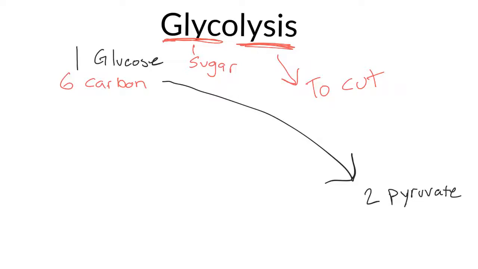That's pretty good. And we're releasing those bonds. They release energy. And we're making 2 pyruvates, which have how many carbons? 3. Okay, good. So is this reaction exergonic or endergonic? Exergonic. Yeah, we're giving off energy.